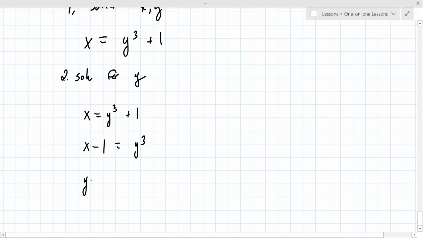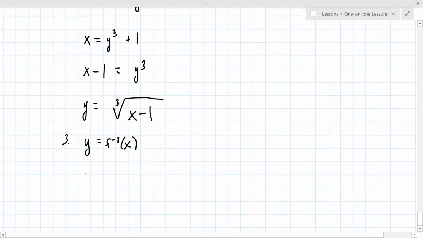In this case, y equals the cube root of x minus 1. And then step 3, I don't even know if it's a step, but you say y is really f inverse of x. So you write it as f inverse of x equals the cube root of x minus 1.